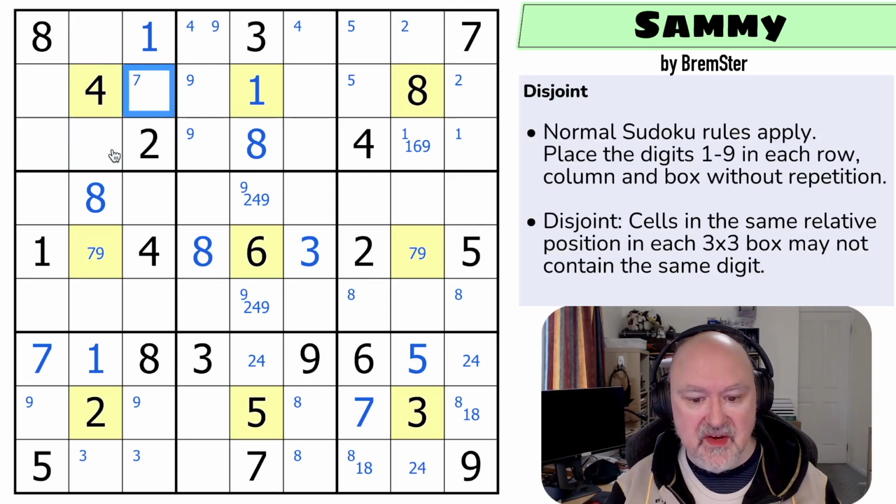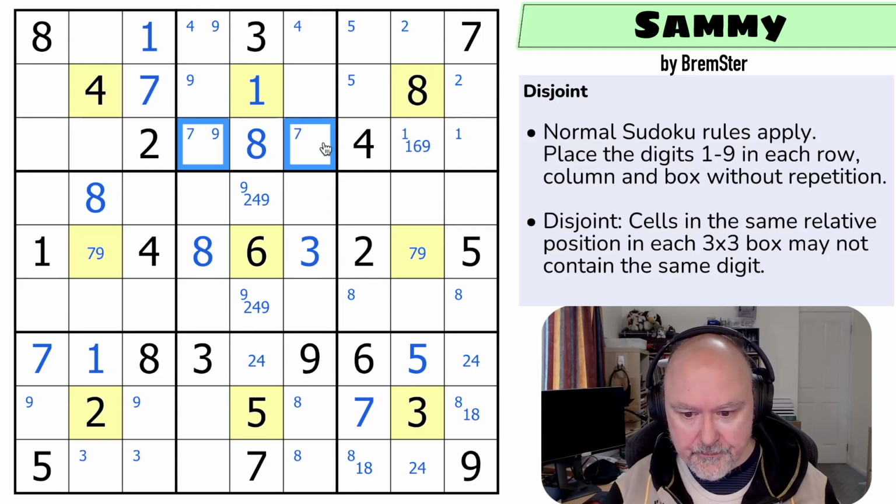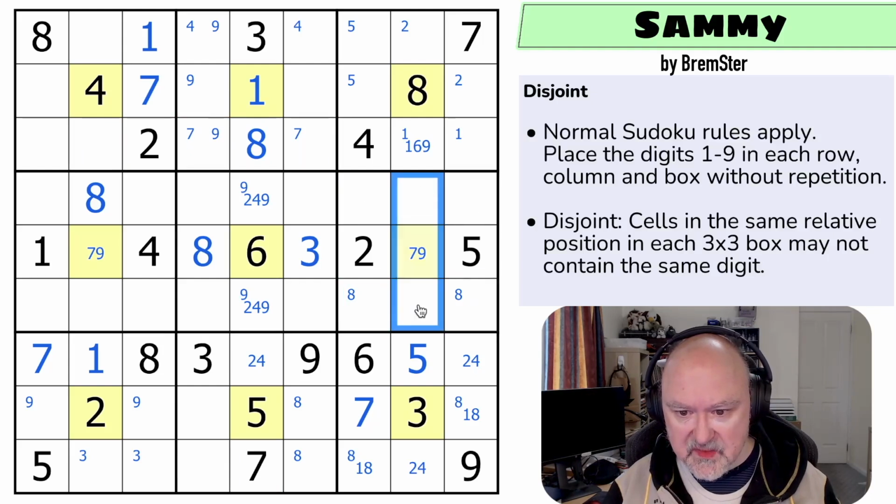So that's not the 7, that's the 7, which puts 7 in one of those two. 7's not in any of those. 7 is in one of those 3. But it's not in the bottom cell, so it's in one of those two. I feel I've got enough 7s that I should be able to do something. There's those cells, those cells.